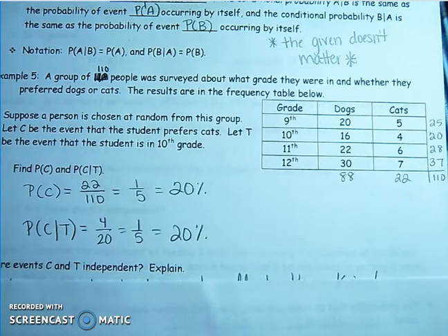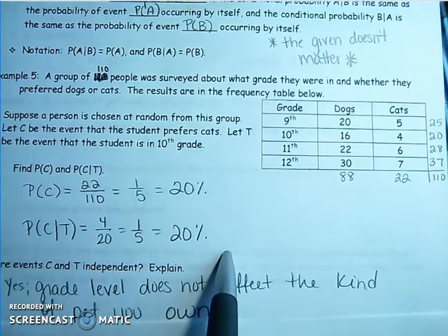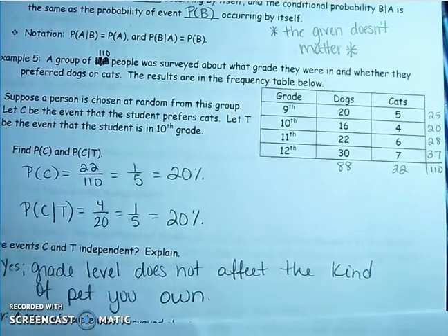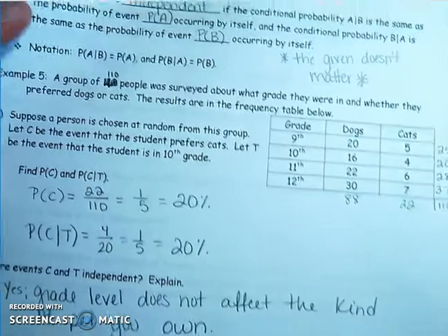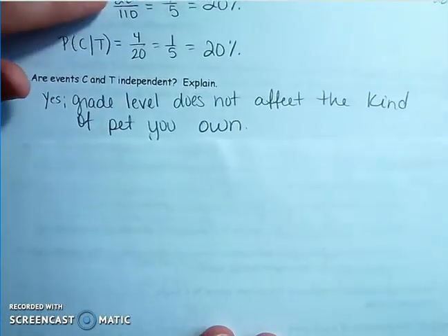Are these independent? Yes. The idea, these are the same. So what that says is just because somebody's in 10th grade doesn't mean that they own a cat. Grade level and owning a cat or a dog do not affect each other. Take a moment and try the U-Trap. Pause this video before checking your answer.